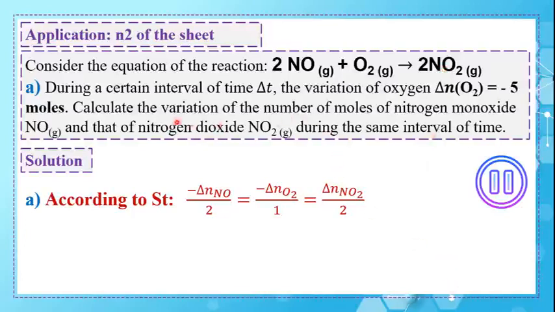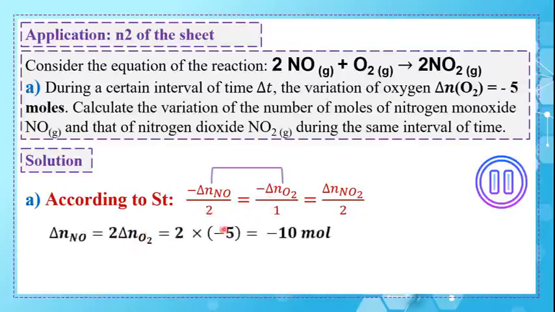So the delta n of NO taken with O2 will give us that delta n of NO will be equal to 2 times delta n of O2, equal to 2 times minus 5. So the variation of the number of moles is equal to minus 10.